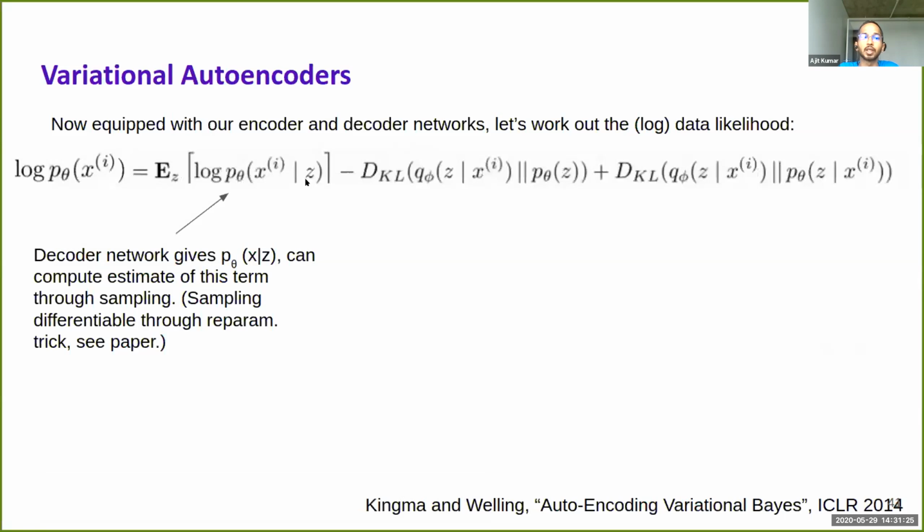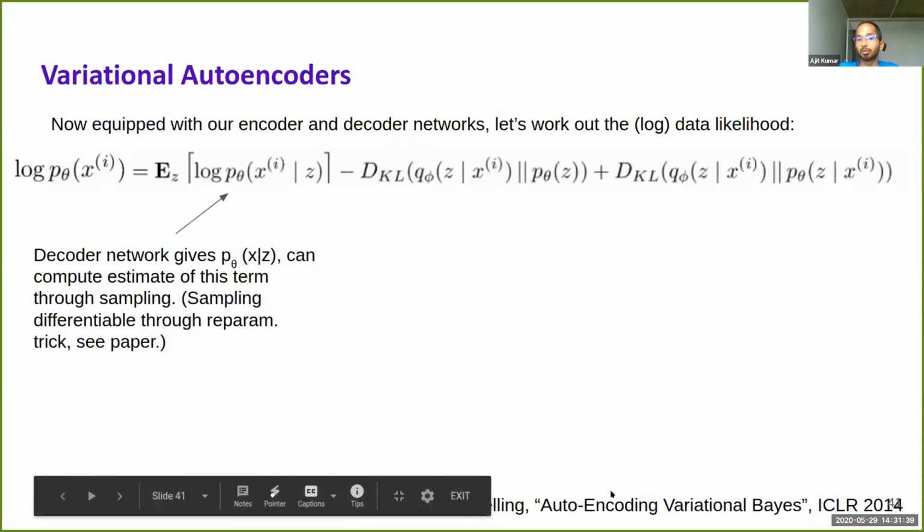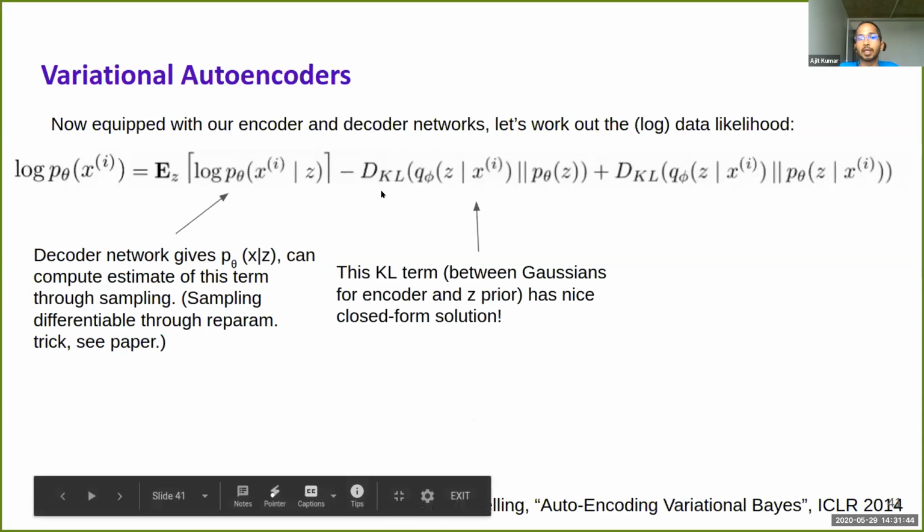This represents how well we can approximate the X given that we have the latent representation, and this is tractable using some reparameterization trick which is discussed in this paper if you want to take a look. The KL divergence term is basically a distance metric for two distributions.